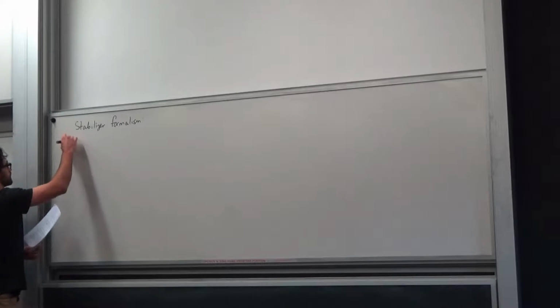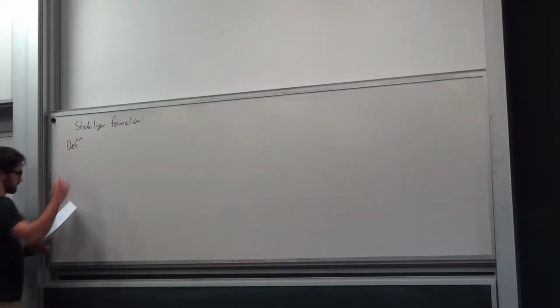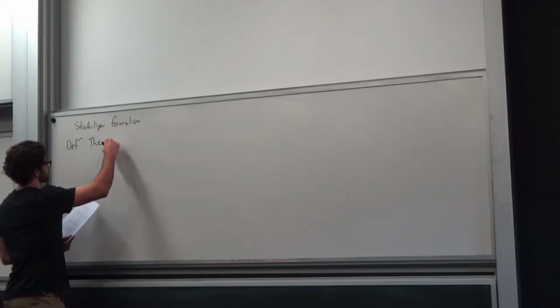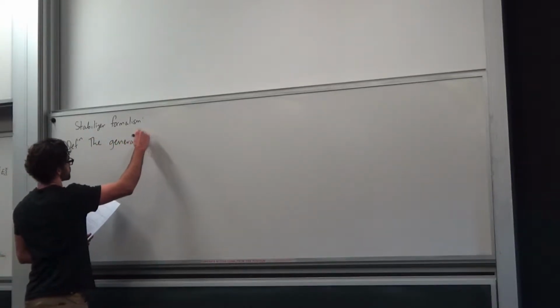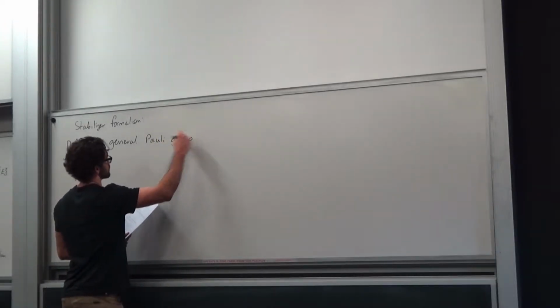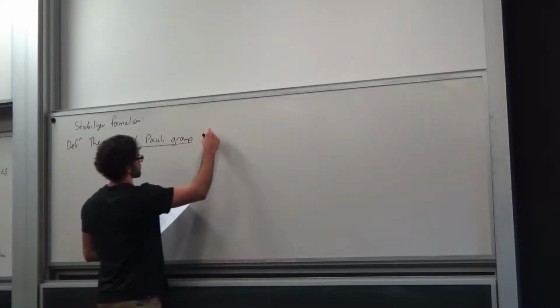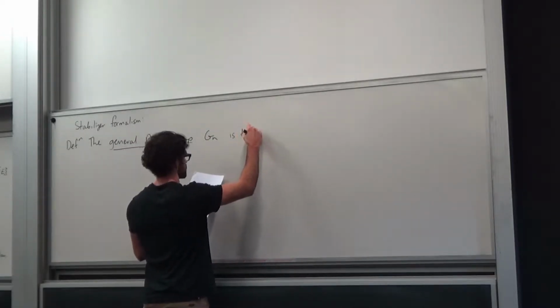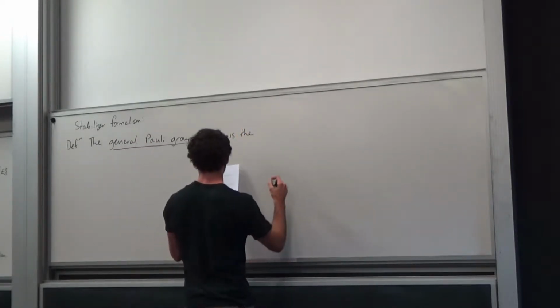So we're going to start off with a definition of the general Pauli group. It's defined to be the group of n-fold tensors of the following elements.